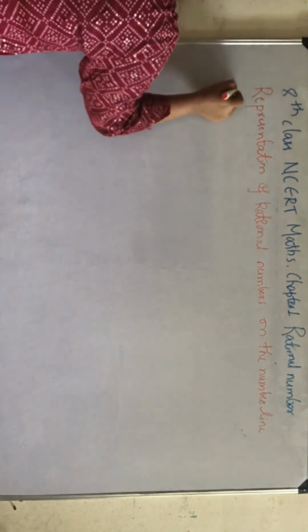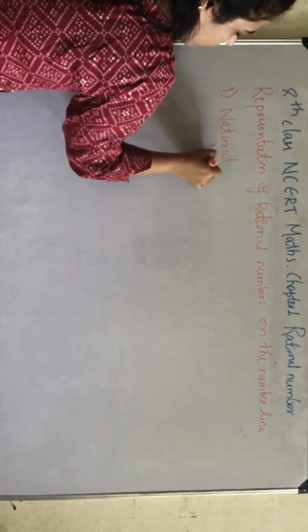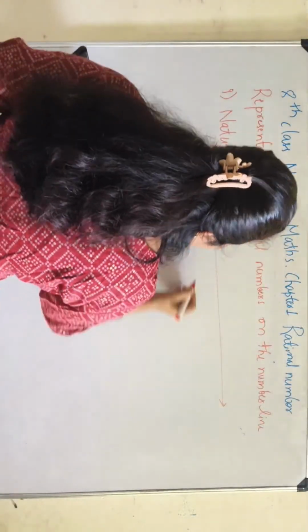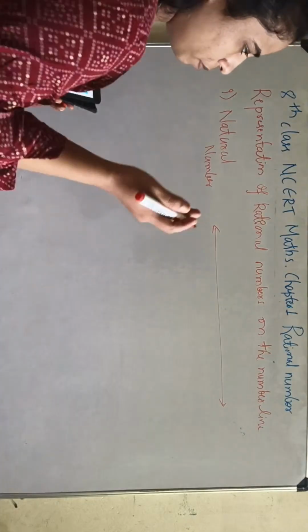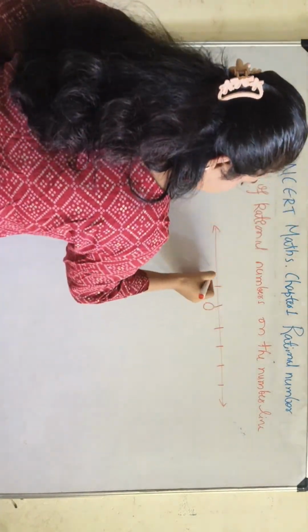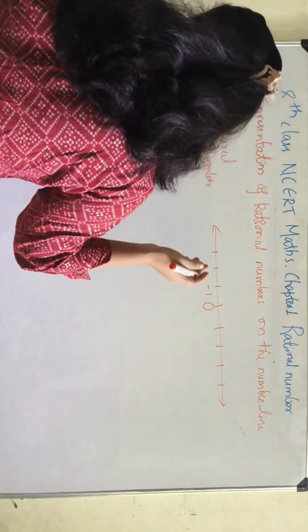First one, we know how to represent the natural numbers on the number line, right? See, this is a number line. Again, the natural numbers also, again rational numbers. So 0, 1, like this will represent, right? This minus 1. So we are representing natural numbers.